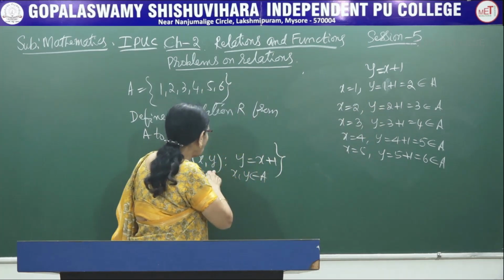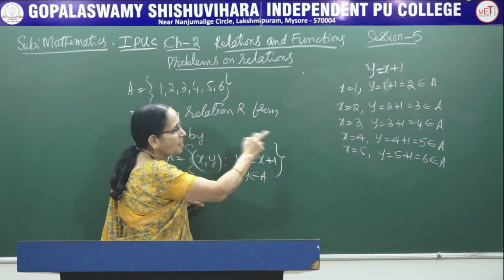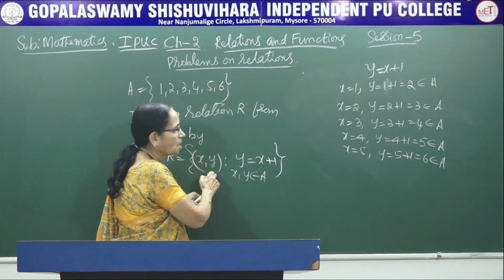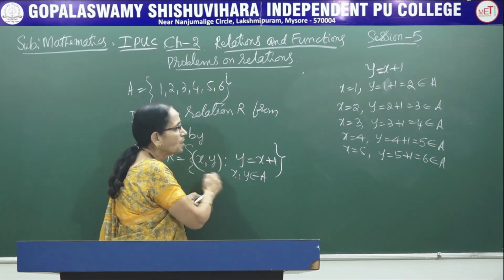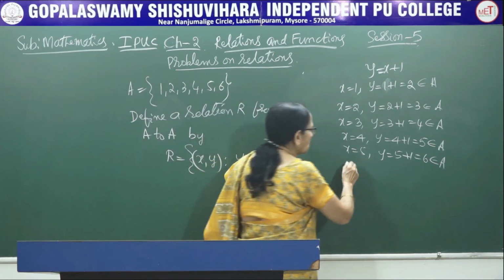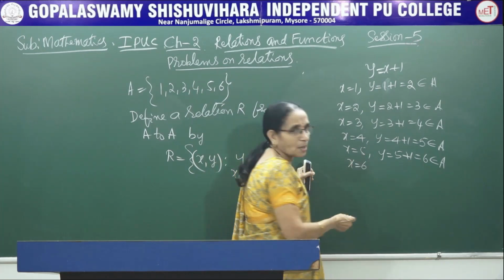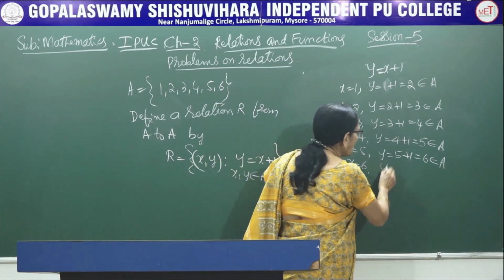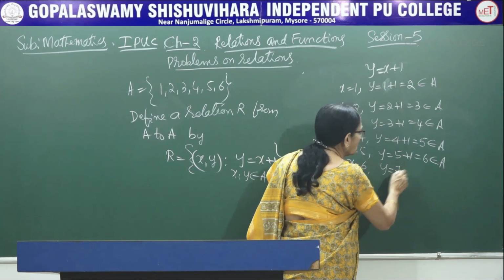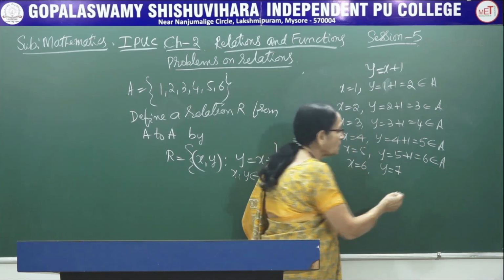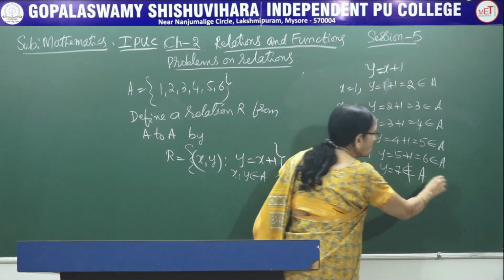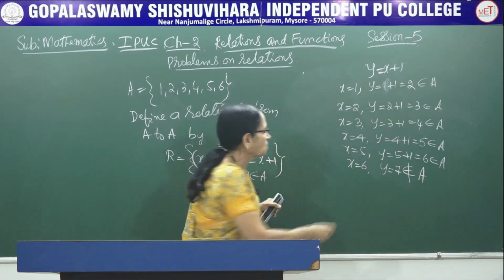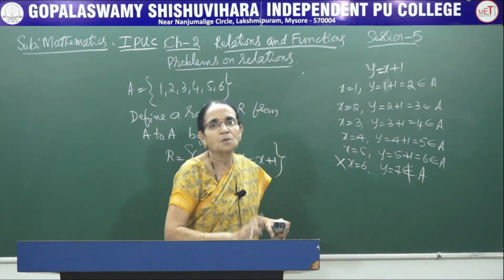The ordered pairs are 1 comma 2, 2 comma 3, 3 comma 4, 4 comma 5, 5 comma 6. Now look at the last element. Now x can take all the values here, isn't it? So what happens to y? 6 plus 1 becomes 7. But there is no 7 at all in the set, so it does not belong to A. That means this combination we cannot take.